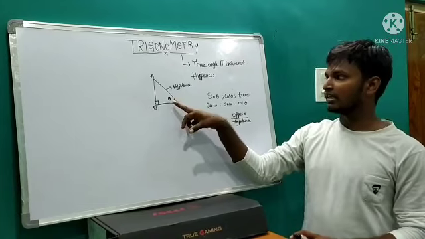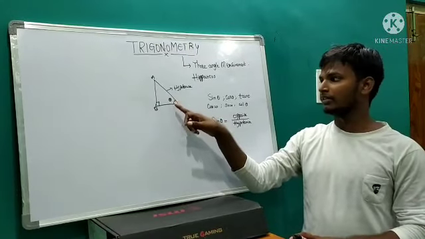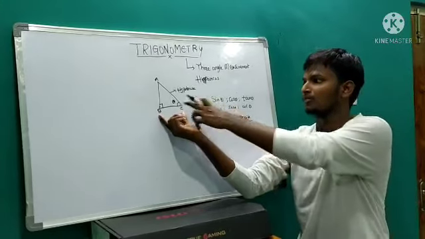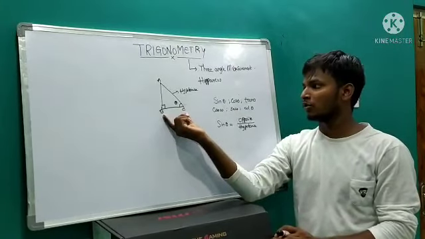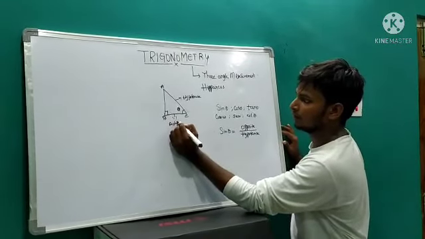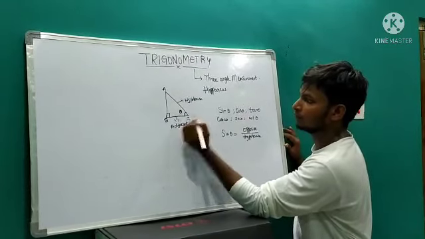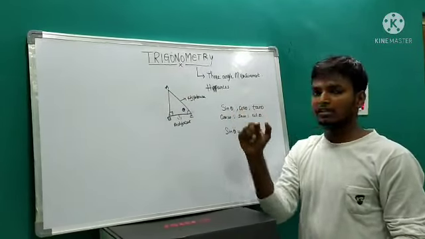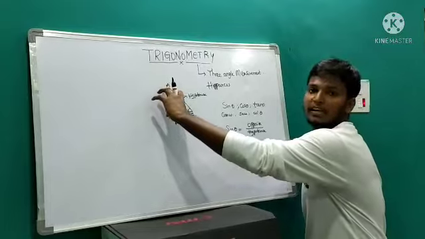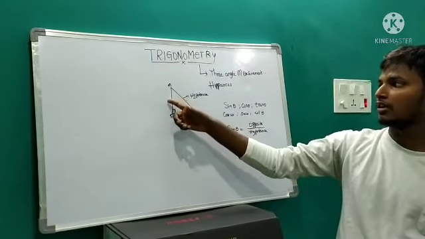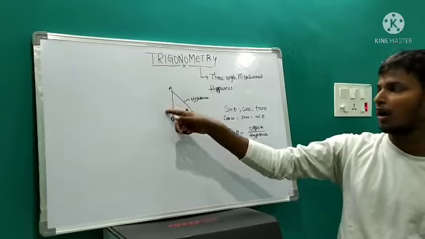The side which is adjacent to theta is called the adjacent side. Here BC is the adjacent side. The side which is opposite to theta is called the opposite side. It is side AB. AB is called the opposite side.